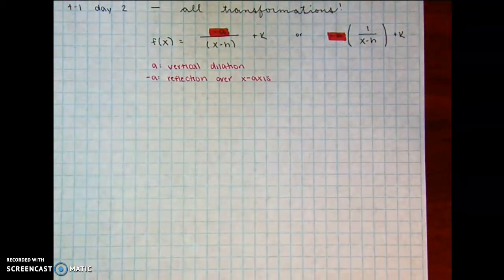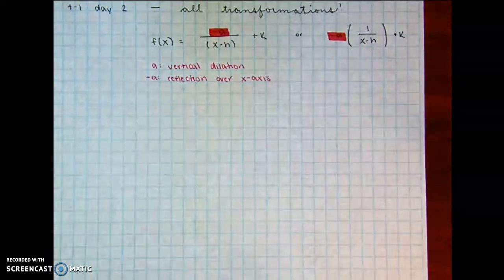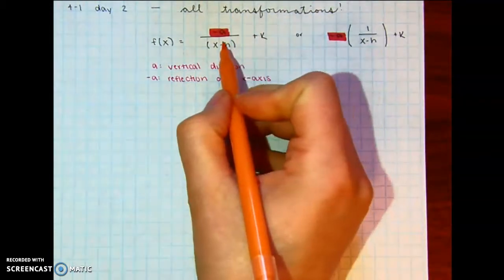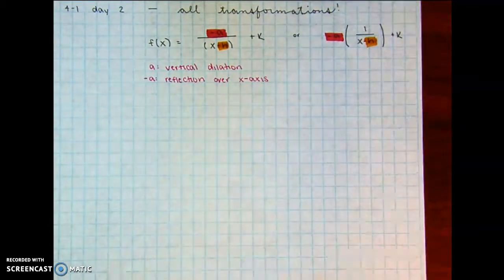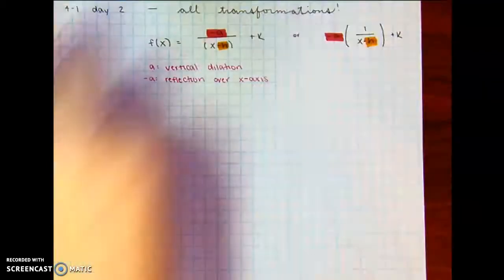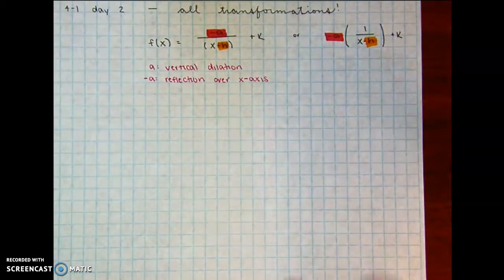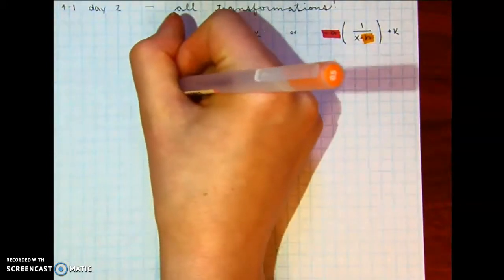h and k we talked about the other day. h is going to be a horizontal translation.